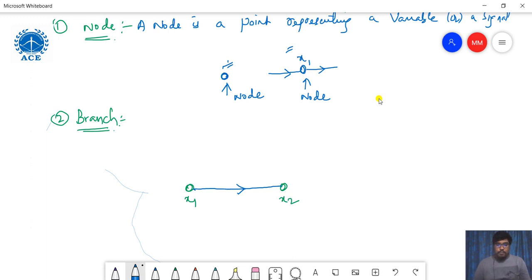Direction indicates the flow of signal, actually. The branch arrow indicates the signal flow of the gain, you can say, simply.